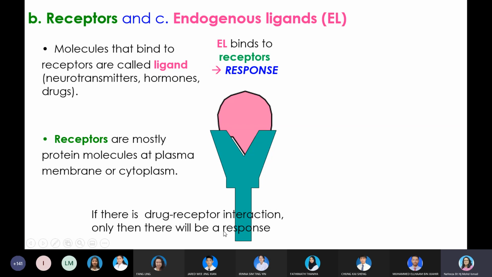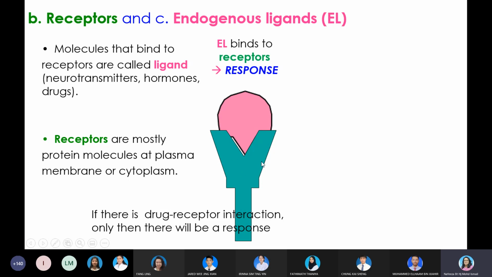When we talk about endogenous ligands, neurotransmitters, I'll use the example of adrenaline. Adrenaline is a neurotransmitter. When it binds to its receptor, there will be drug-receptor interaction, and that is nothing difficult. It just means that the ligand can activate the receptor.